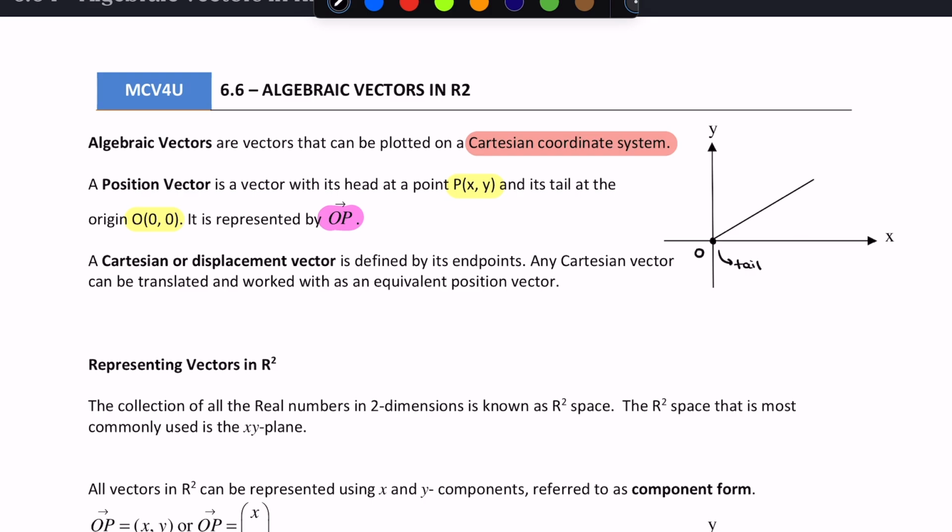Then it goes to a certain point, P, represented by the coordinates x, y, and that is where the head is. Remember, if we're representing it as vector OP, the first letter represents the tail, and the second letter represents the head.